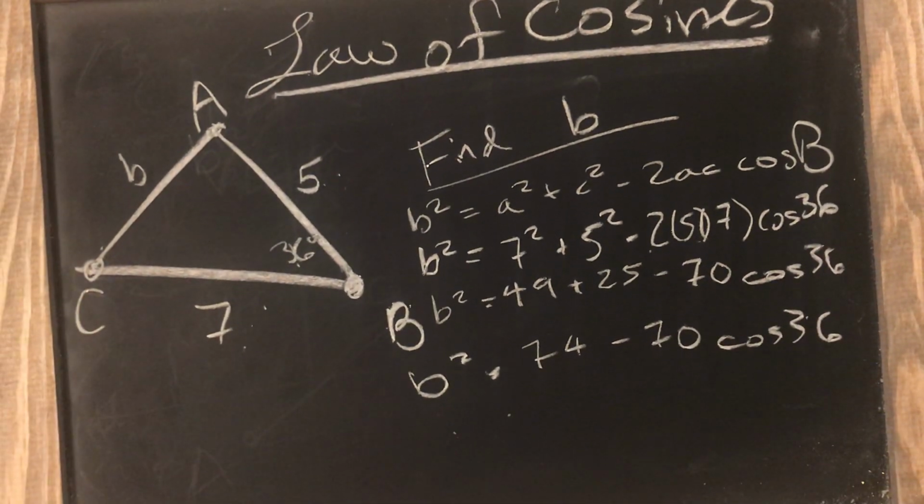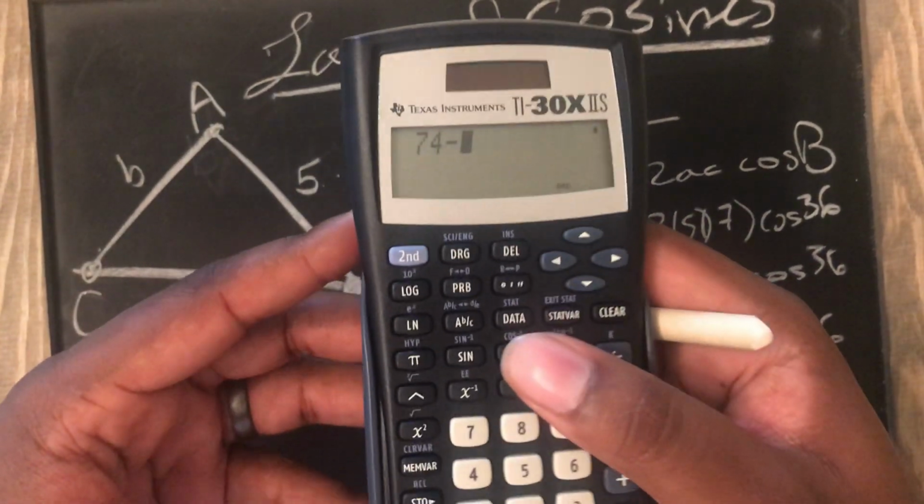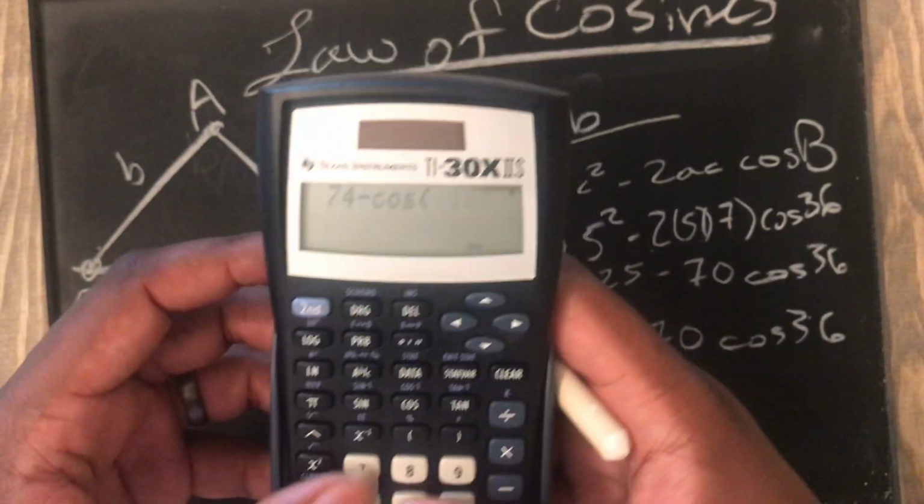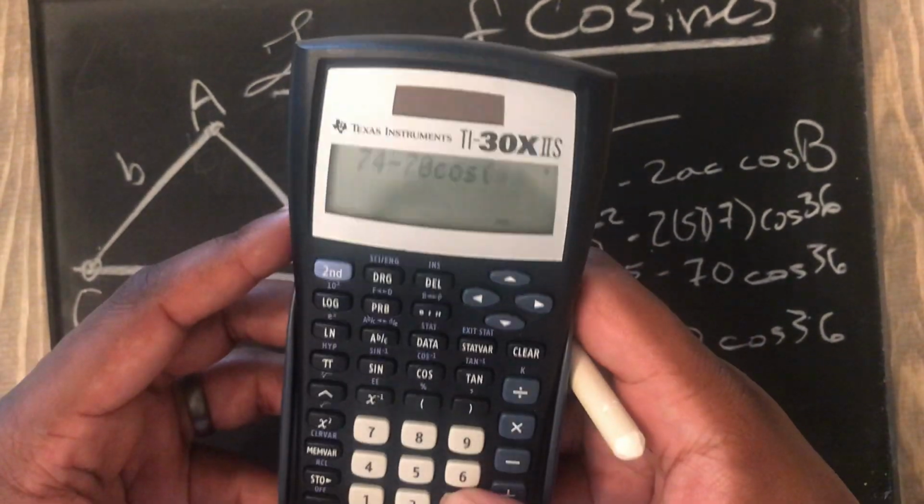At this point, I'm just going to put it into my calculator: 74 minus 70 cosine of 36.